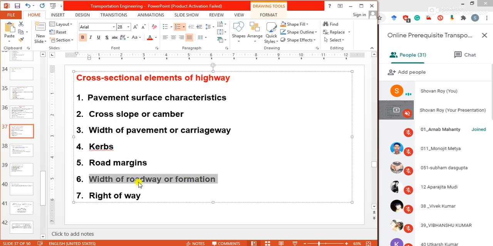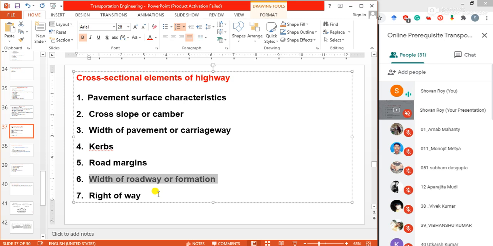For normal people, the public or persons besides the civil engineer, they don't know these things: what is pavement surface characteristics, what is cross slope or camber, width of pavement or carriageway, curves, road margins, width of roadway or formation, right of way. These terms are only known to our civil engineers.